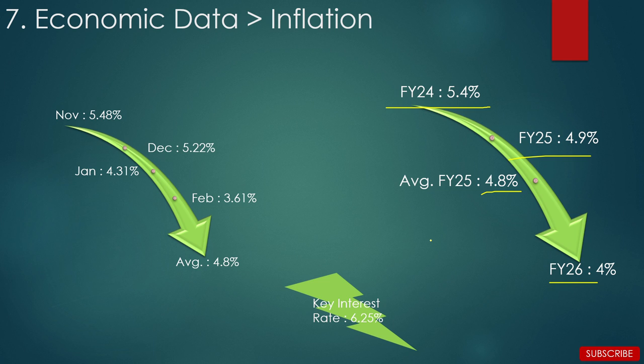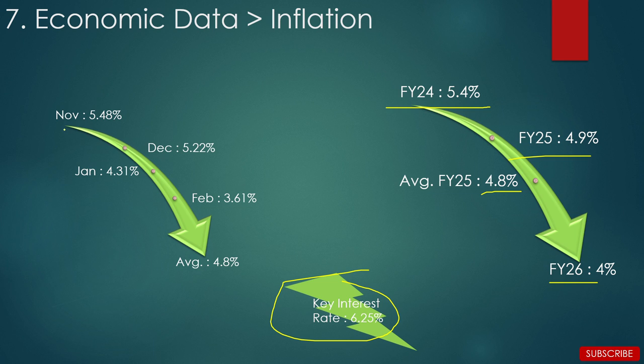In response to easing inflation and aiming to stimulate economic growth, the RBI implemented a 25 basis point rate cut in February 25, reducing the key interest rates to 6.25%. Overall, financial year 25 has been a favorable trend in inflation, providing room for monetary policy adjustments to support India's economic growth objectives.